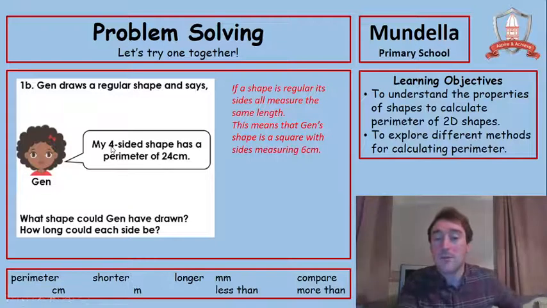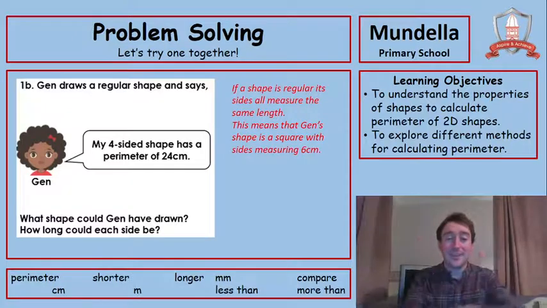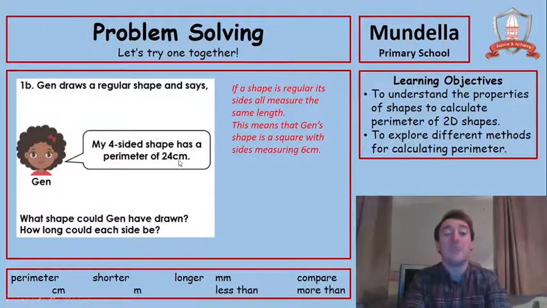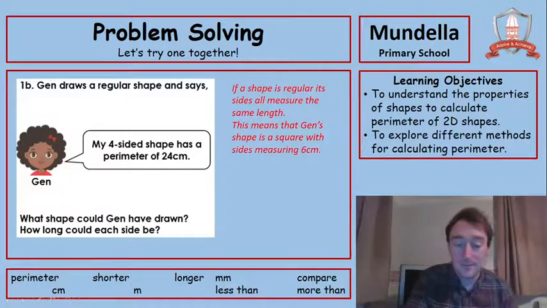What can we times by 4? What can we multiply by 4 to reach 24? 6. Good. So, if we have a square with 6, 6, 6, 6, it's a regular shape, yeah, and it's a square, and it has a perimeter of 24 centimetres.